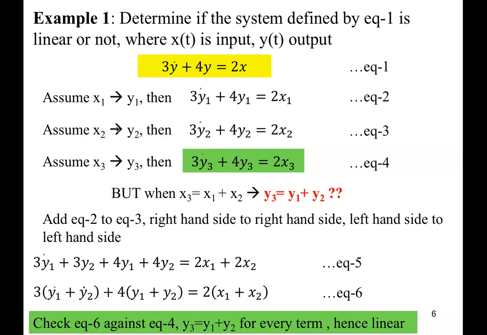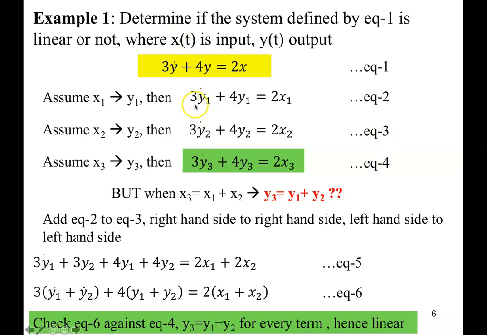To check that, I have three equations here. I'm going to look at equation 2 and equation 3 first. I'm going to add equation 2 to equation 3, left-hand side to left-hand side, right-hand side to right-hand side.